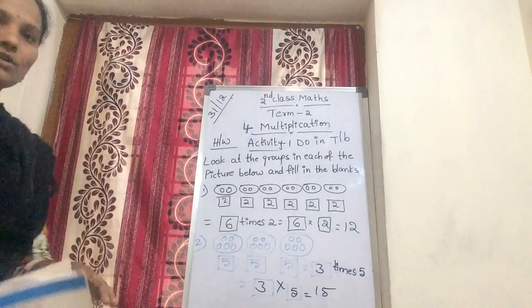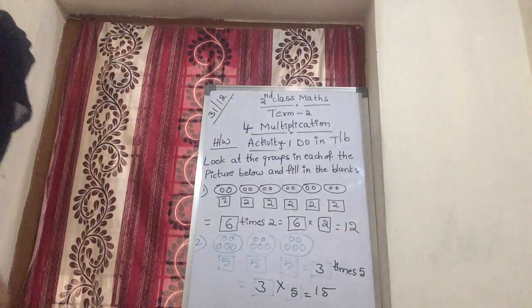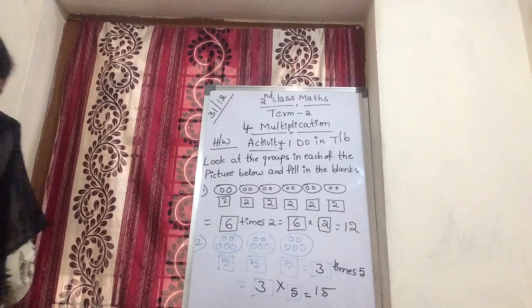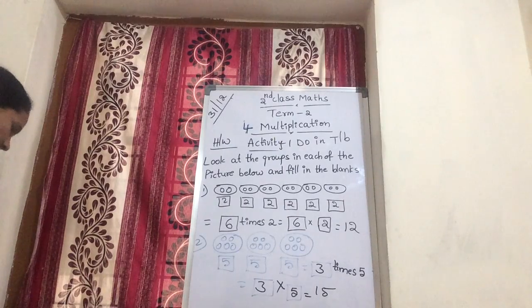Look at this. Write these in your text book and post it. This is your homework. Only write how many times it is repeating in this box. Okay. Now please copy it. Activity 2, I will explain next class.